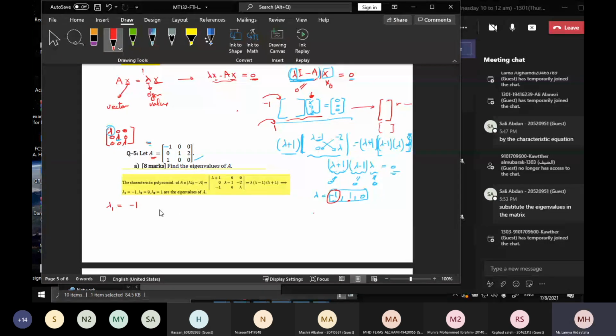So I substitute in the matrix, which will be this one, lambda plus 1, 0, 0, this one. Okay, and I will reach this form, and to solve this form we put it as an augmented matrix. Correct? Let me do it here directly.